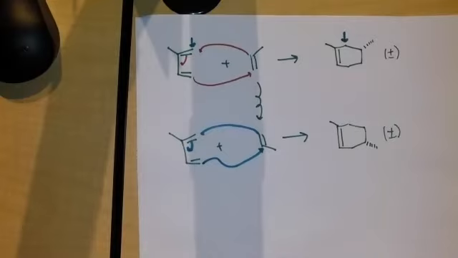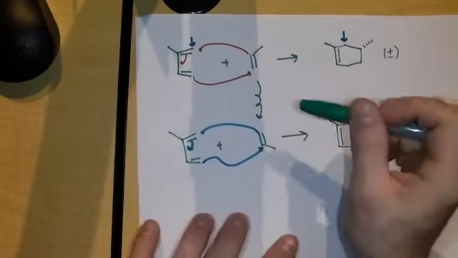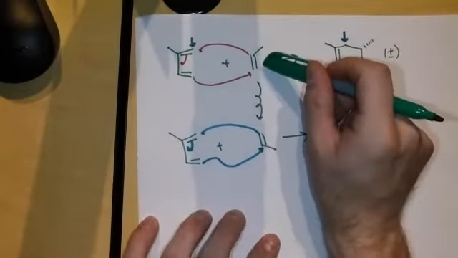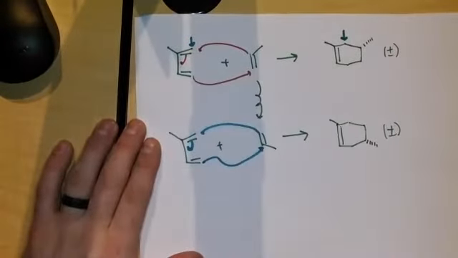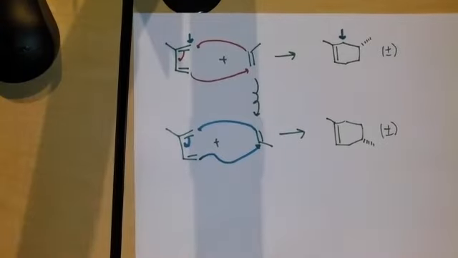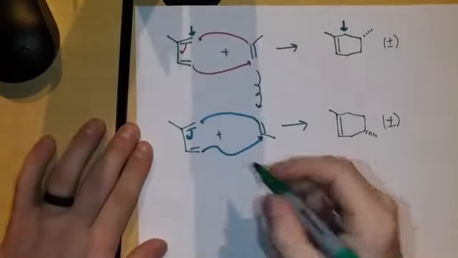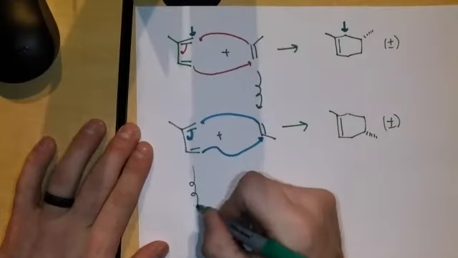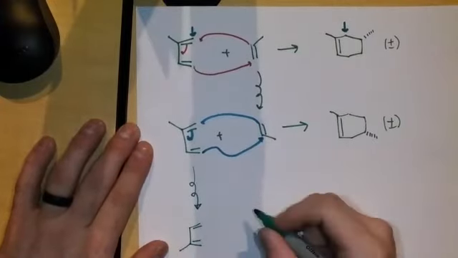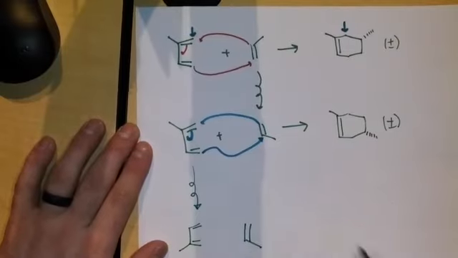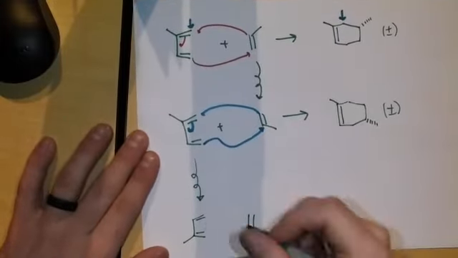So I always tell people to just be consistent when you're doing these flips. I flipped the diene here. If you flipped the dienophile, that would also have been fine. What you can't do is flip both of them. If I also try to flip this one, this is essentially my double flip product.